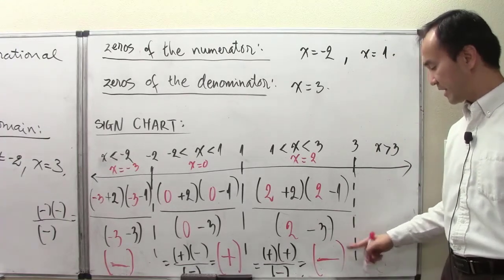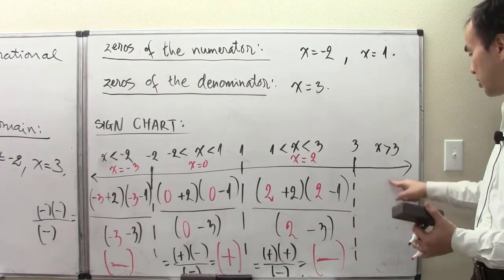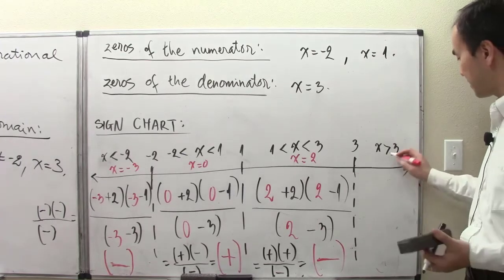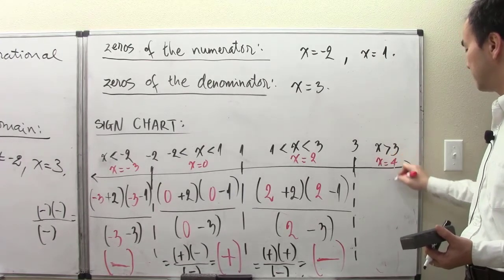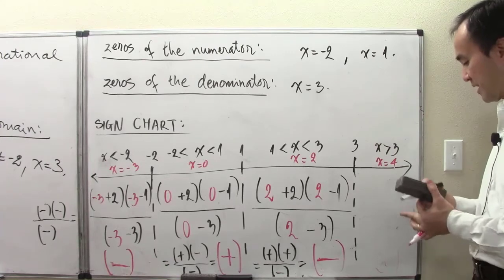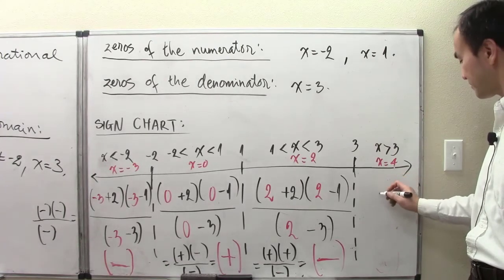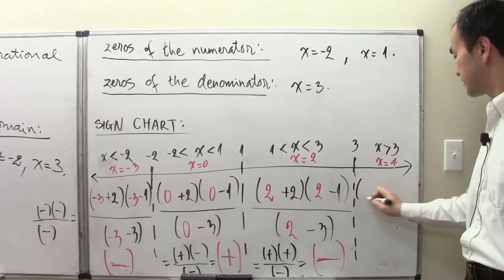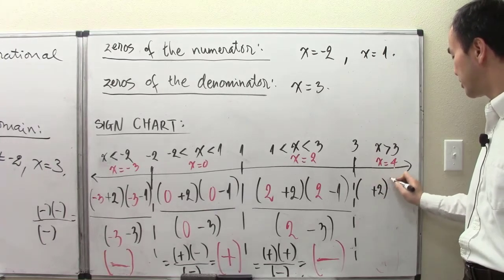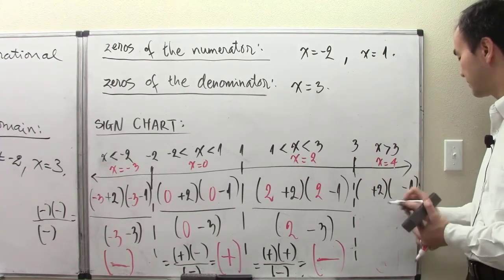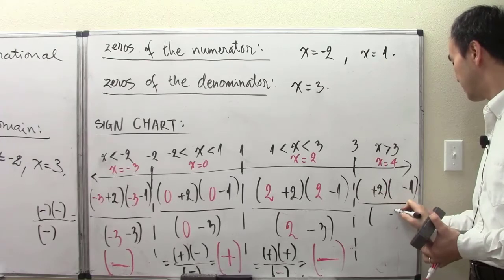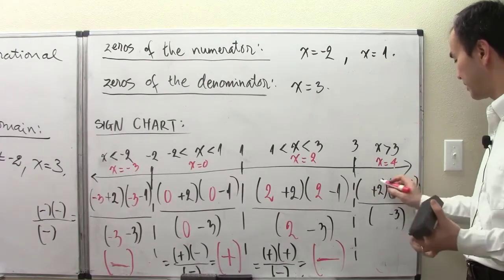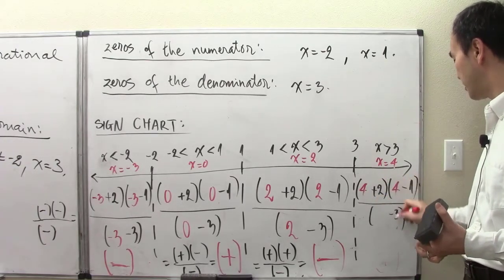Okay, so it's negative, and now with the last one here that I'm doing, I can pick x equals 4. Okay, x equals 4, and now I'm looking at just like that, plus 2, minus 1, minus 3. So here it's 4 plus 2, 4 minus 1, 4 minus 3.